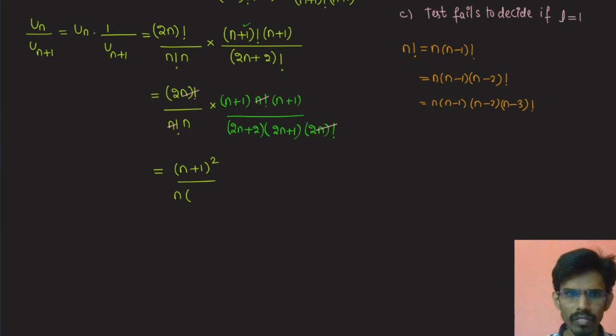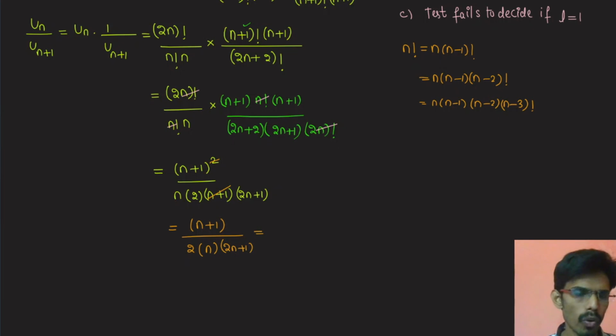So take 2 common from here, I'll get 2 into n plus 1, 2 into n plus 1 into 2n plus 1. From this we can say that this n plus 1 and this n plus 1 will get cancelled. So we are having n plus 1 upon 2 into n into 2n plus 1.